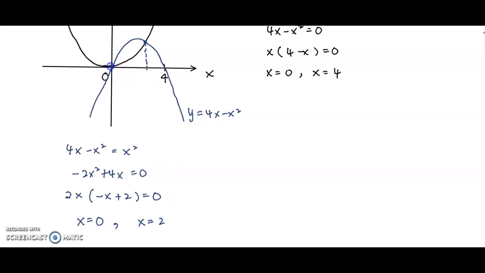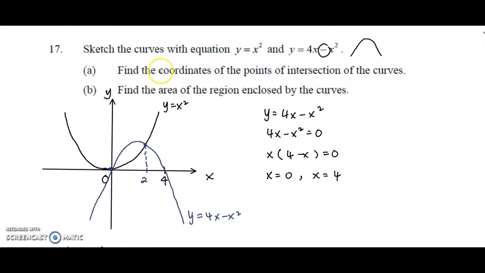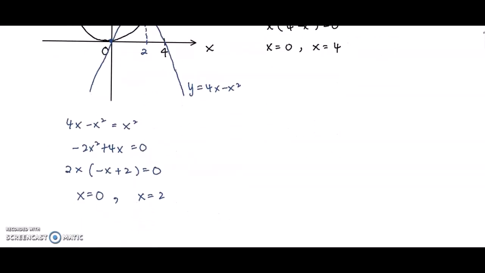Meaning that the intersection points will happen at 0, 0, the first one, and this is the 2. The question is asking for coordinates, so we need to get the corresponding value of y. When x equals 0, I substitute into y equals x squared, I got 0.